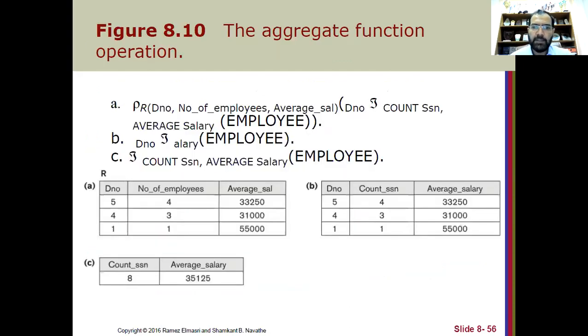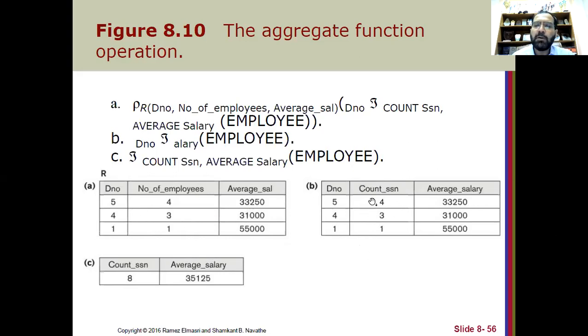Here you can see some examples where we have three different queries, A, B, and C. In A, you have department number 5. You are interested to know how many employees are working in department number 5, and what is the average salary of this department. The average salary of department number 5 is 33,250, and the average salary of department number 4 is this. Let's suppose instead of counting the number of employees, you have counted the SSN.